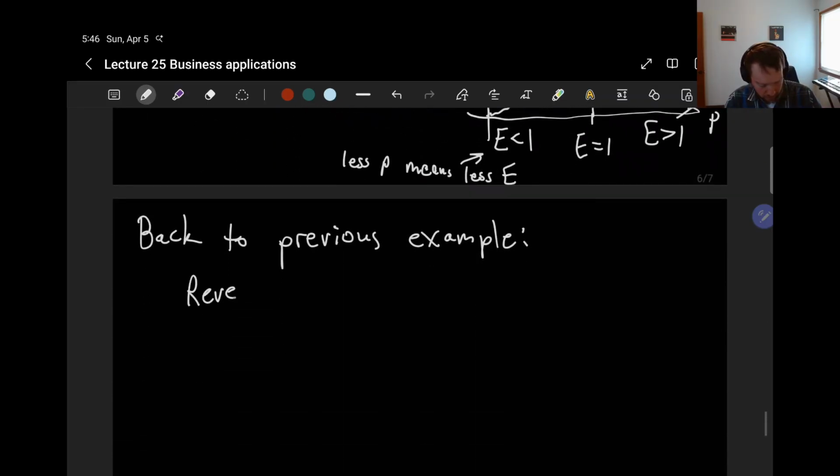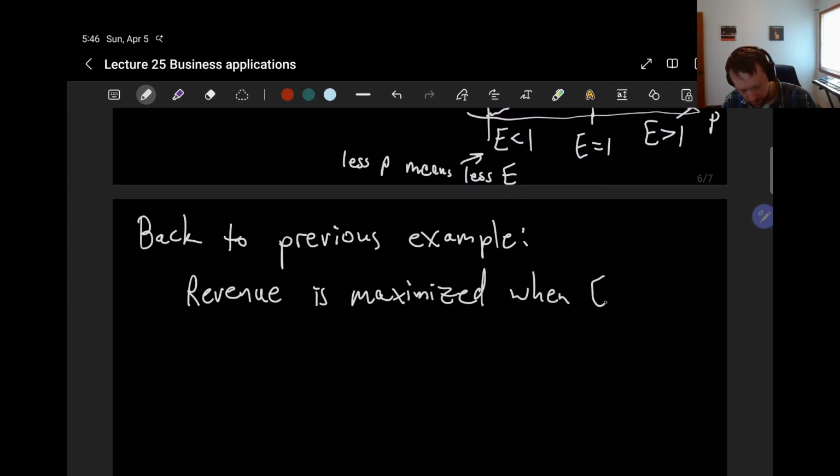So this is one of the key takeaways. Revenue is maximized when E is 1. So we had our formula for E. I'll just kind of copy it again.